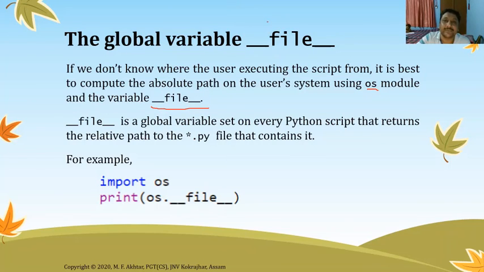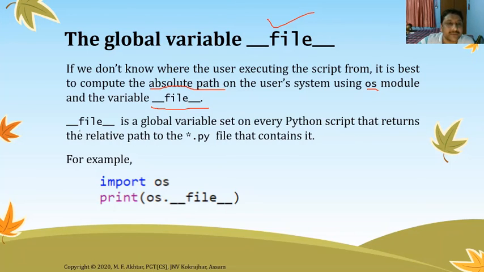This variable gives us the absolute path for the current working directory, the folder where we are working during program execution. This variable will have the absolute path for that current working directory.